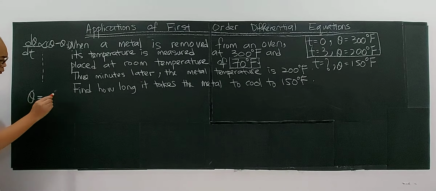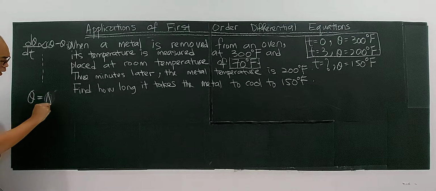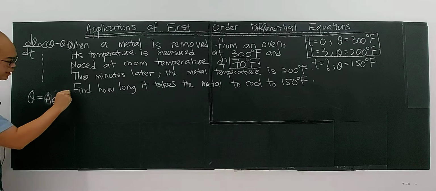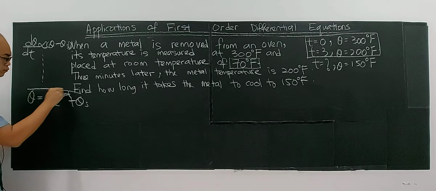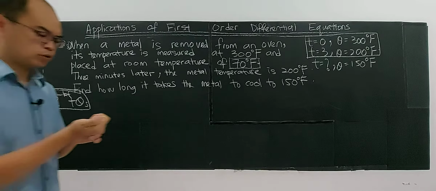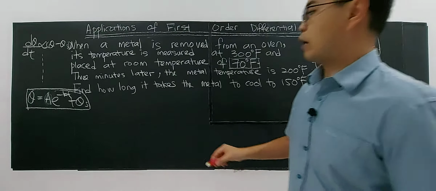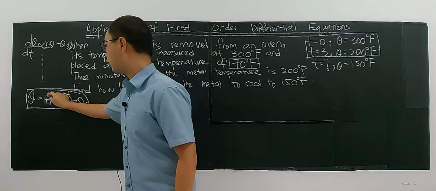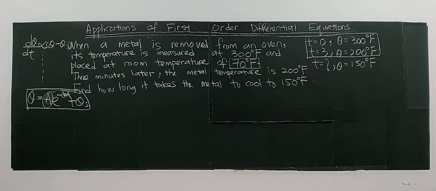You can play back the video. So you get a formula, A e negative kt plus the surrounding temperature, right? According to Newton's law of cooling, this is the formula. Our target here is to find the value of A and the value of K, for every problem.